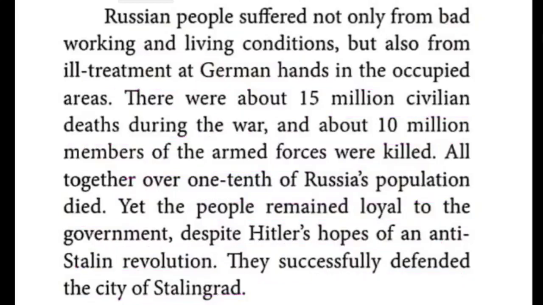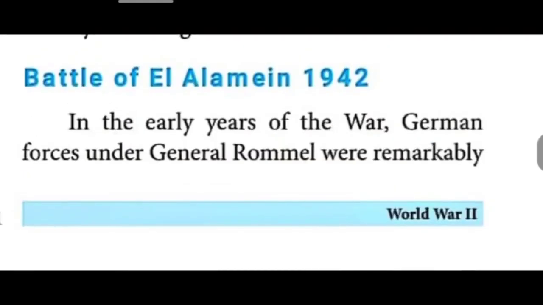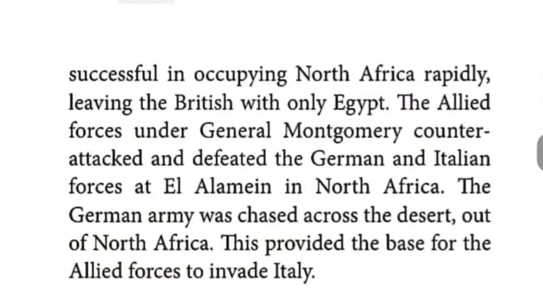The next one is the Battle of El Alamein. In the early years of the war, German forces under the leadership of Rommel were remarkably successful. They succeeded in occupying North Africa.